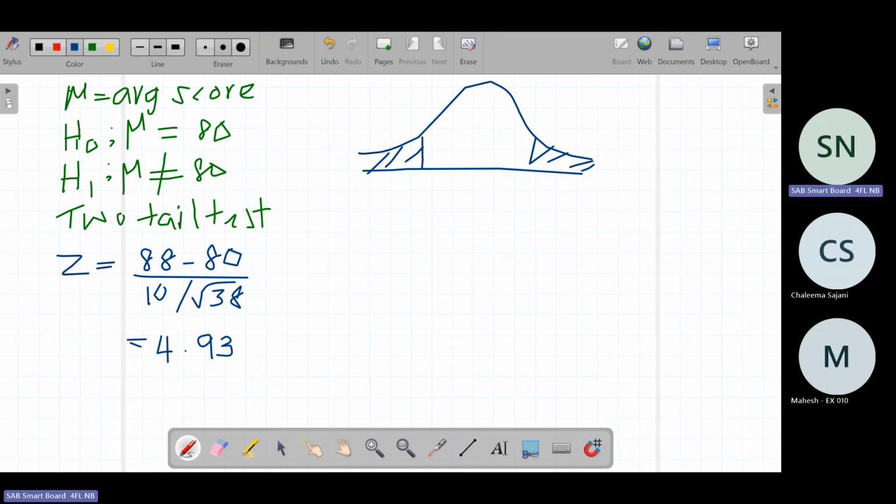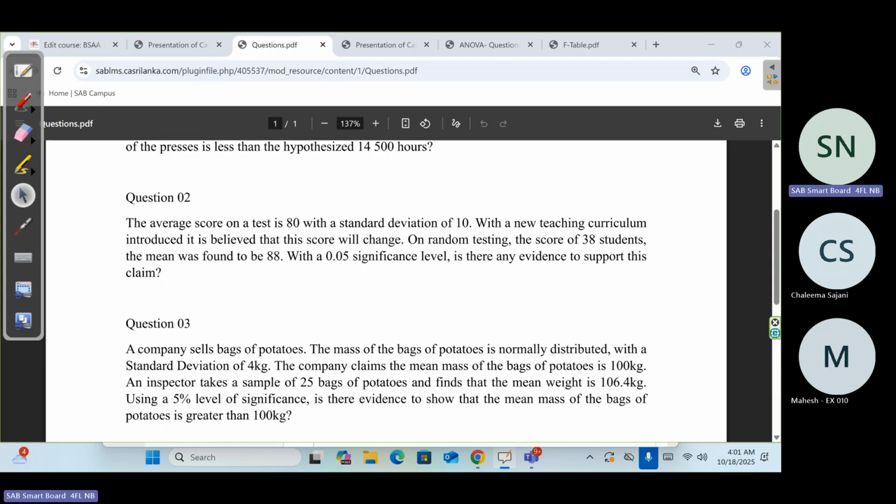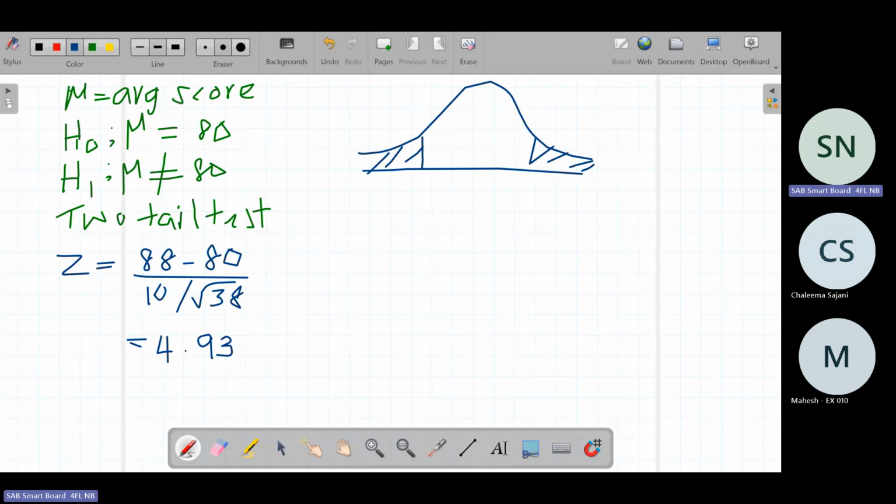Then here, what is the level of significance? 5%. Level of significance means the area of the rejection region. Now we have two regions. One side is 0.05 divided by 2, here also 0.05 divided by 2. All together 5%.